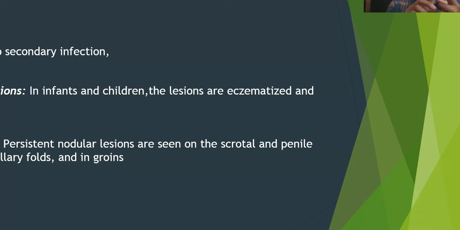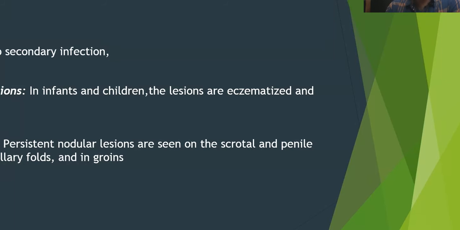There can be formation of pustules, there can be impetigo, there can be folliculitis, there can be carbuncle, and there can be eczema of the skin. And at times there can be severe cellulitis of the whole of the affected area. And similar nodular lesions can also be seen on the genital areas.